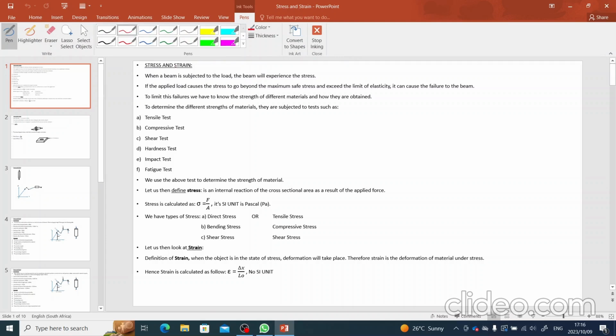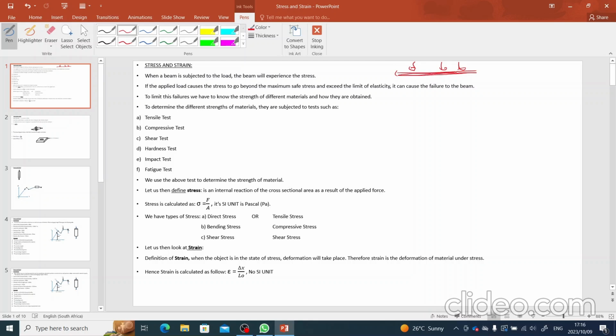Okay. Stress and strain. When a beam is subjected to the load, the beam will experience the stress. I will give you the example from your statics. You are having the forces acting on your beam.